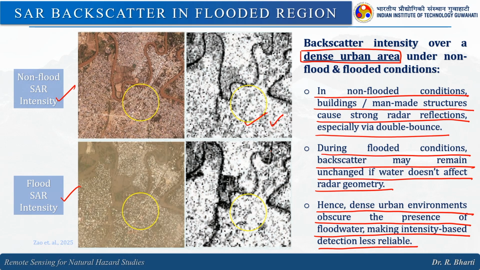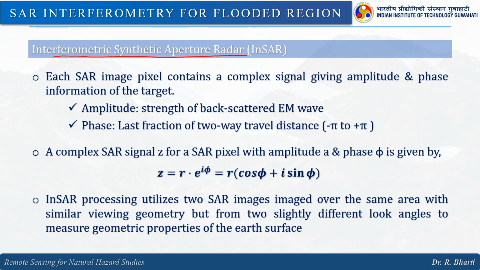So, here it will be very hard in the dense urban area to utilize the microwave remote sensing data in flood studies. Now, let us see the interferometric synthetic aperture radar, InSAR. Each SAR image pixel contains a complex signal giving amplitude and phase information of the target.